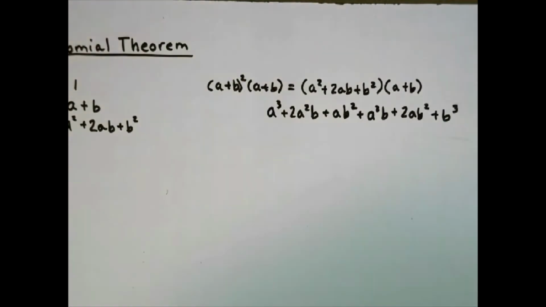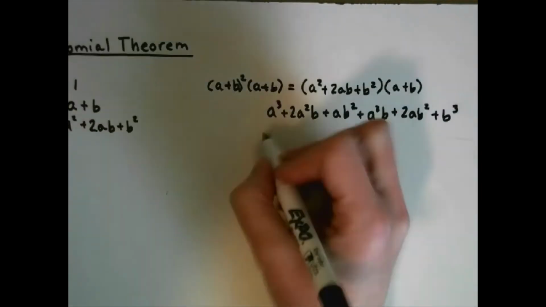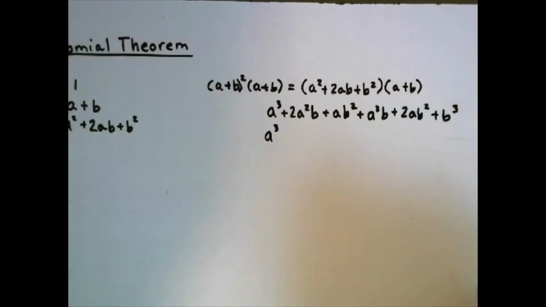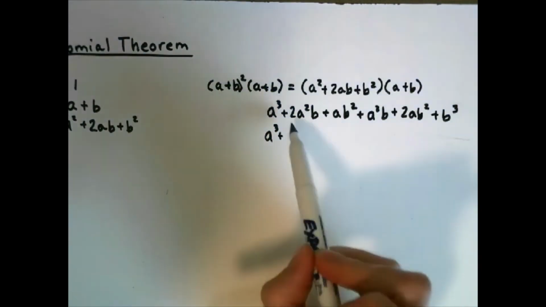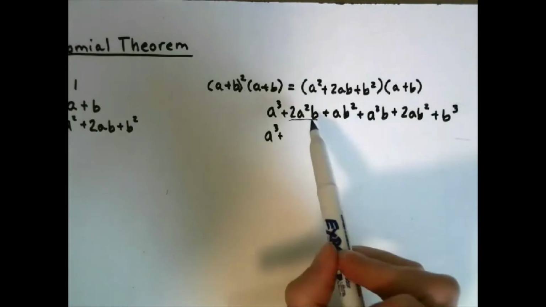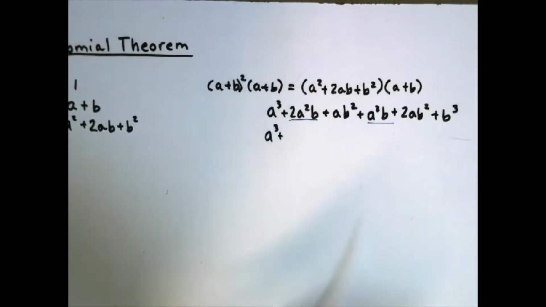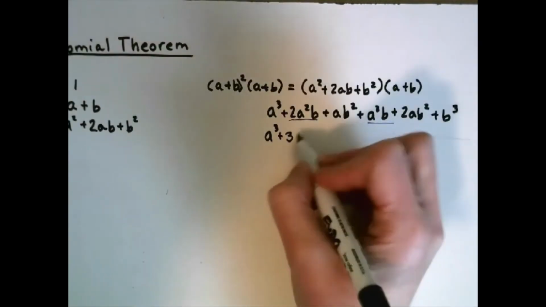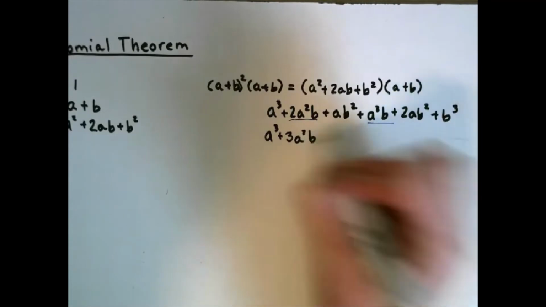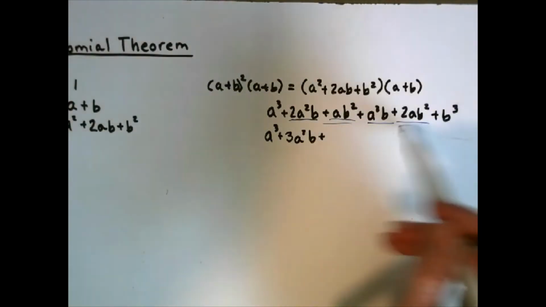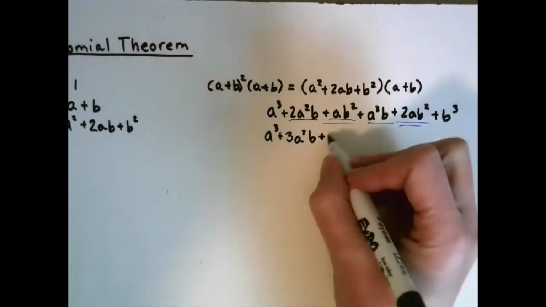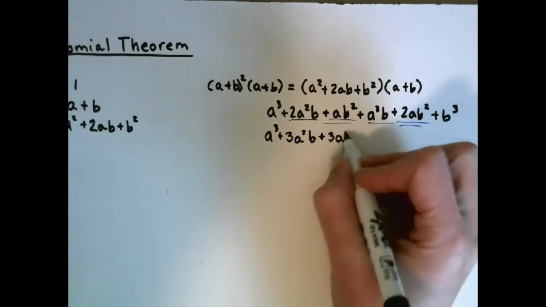All right, so let's clean that up a little bit. We've only got one a cubed. I have a 2a squared b and 1a squared b there, so that's 3a squared b. I have ab squared, so I have 3 of those.